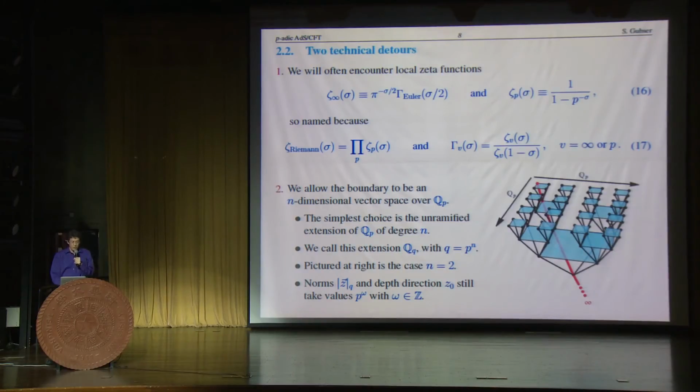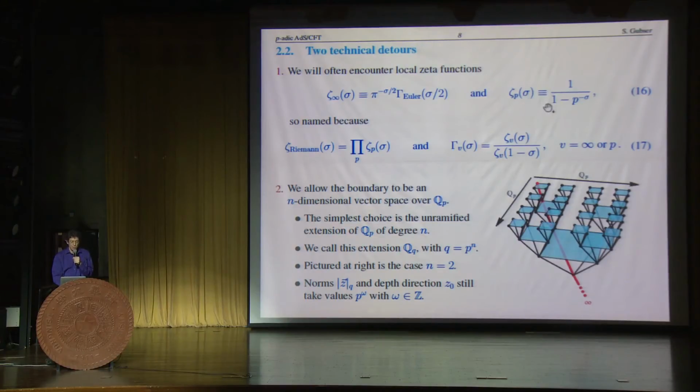Now let me tell you about the so-called local zeta functions. We define a local zeta function for the reals in a way that seems rather arbitrary, but let me just say that's my definition. And then I have some perhaps more motivated definition of a local zeta function for the prime p.